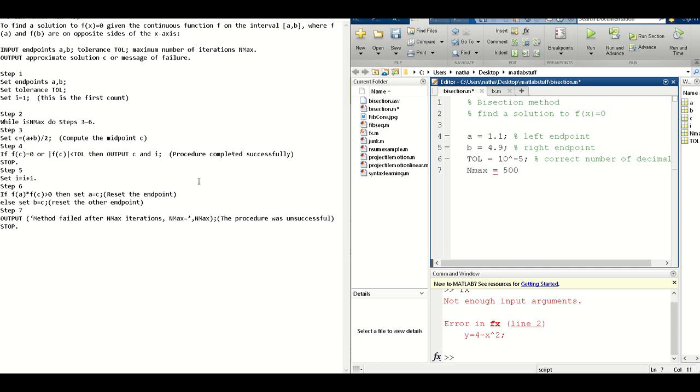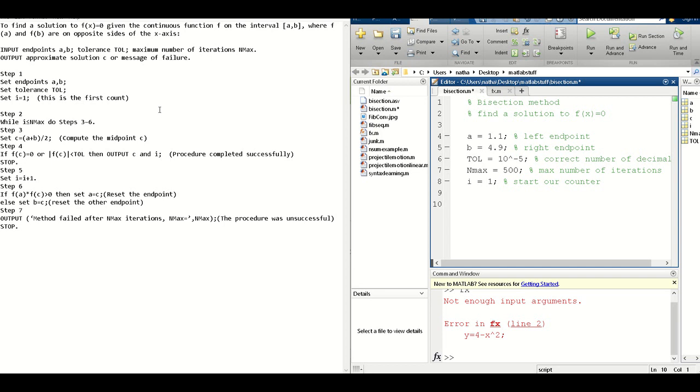We have no idea right now, so let's put 500. So this is going to be the max number of iterations. And you see how in my code I'm telling me what I'm going to be doing. Okay, so that's step 1. Oh, and we need to set i equals 1. So this will start our counter. Okay, so that'll allow us to count.